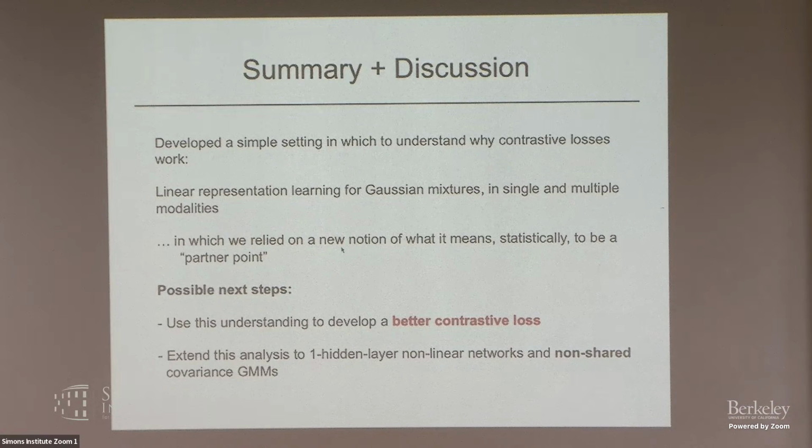The second is to extend this analysis to one hidden layer nonlinear networks, because if you do one hidden layer, you don't need this shared covariance assumption. It can be general. I feel if they are well separated, then any linear projection won't do the job, but a nonlinear projection, even a single hidden layer one, might do the job. That's it.